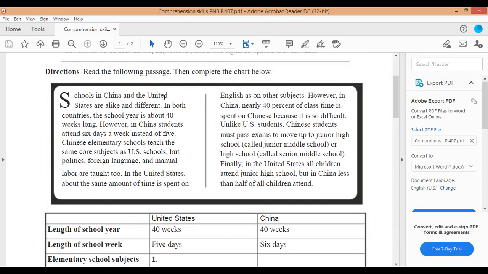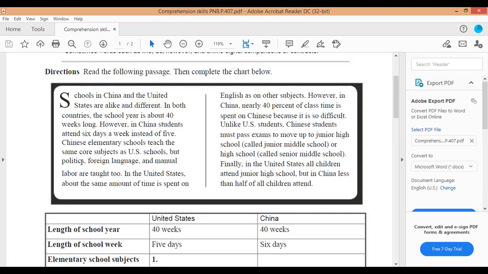Schools in China and the United States are alike and different. In both countries, the school year is about 40 weeks long. However, in China, students attend 6 days a week instead of 5. Chinese elementary schools teach the same core subjects as US schools.